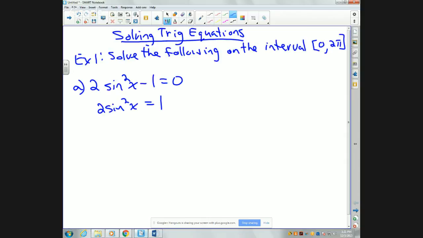Where do we go from here? Yeah, let's divide both sides by 2. And then here we'll get that sine squared x is equal to 1/2. We're getting closer. Just want to get x on one side of the equation all by itself.